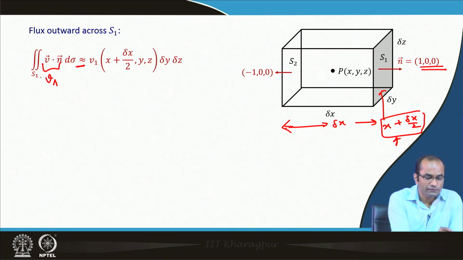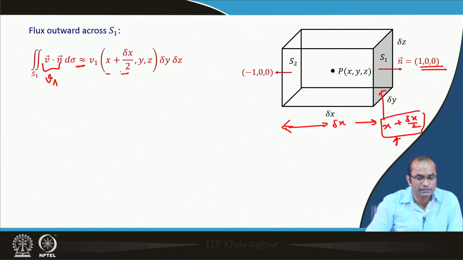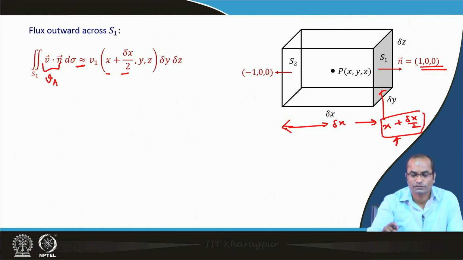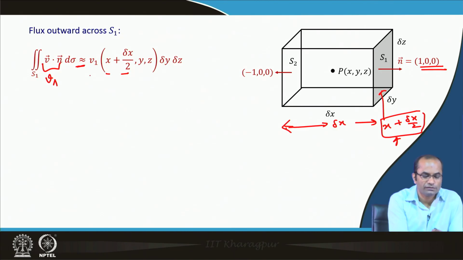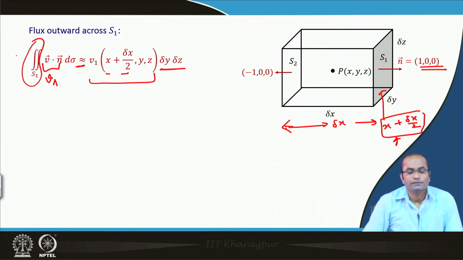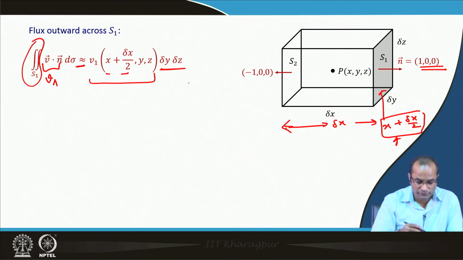So, v1 is evaluated at x plus delta x by 2, y, z, and we take the integral over this surface S1 with this constant value over the surface. But again, in the limiting situation this will actually become an equality. Then the area of the surface comes out of the integral.